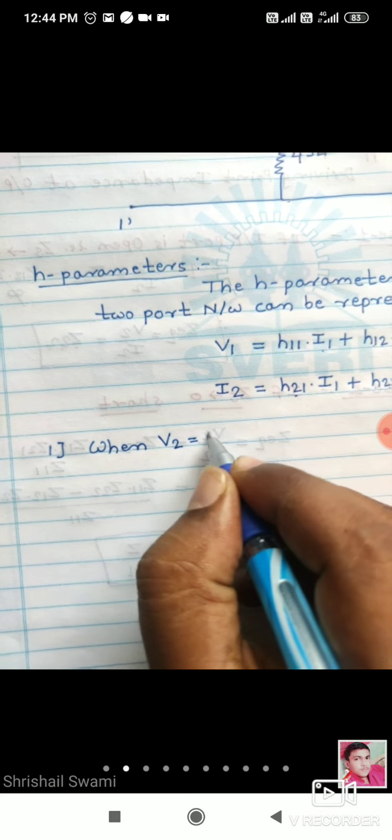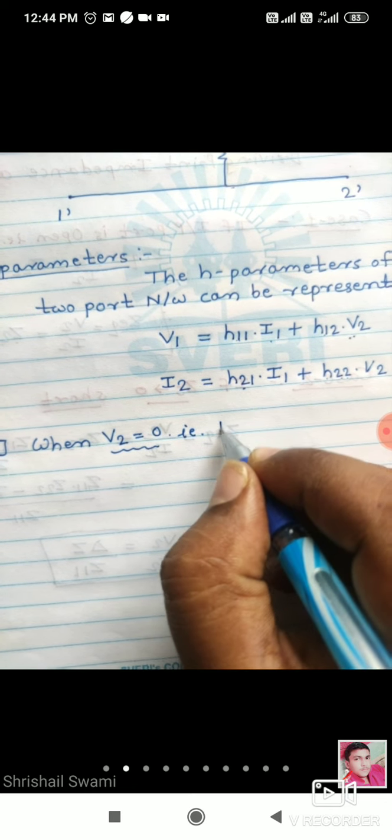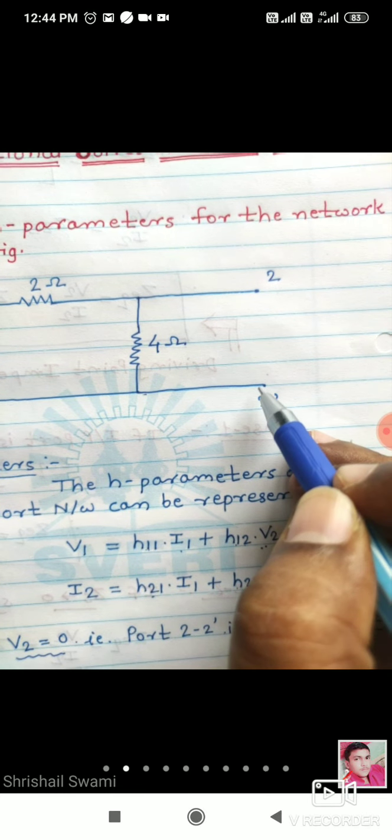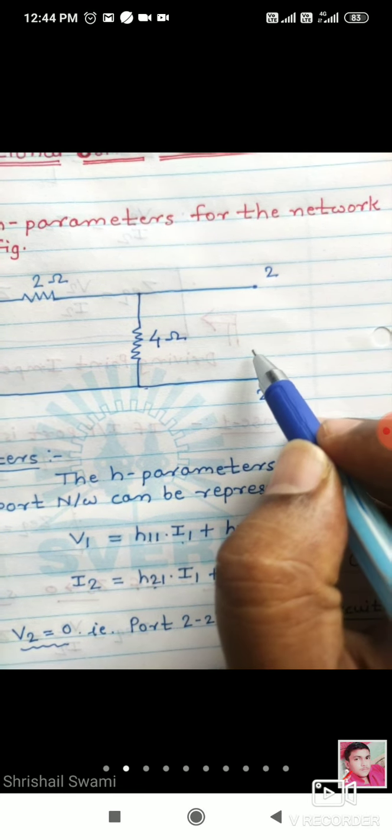So we will start with the first condition, that is V2 equal to 0, that is port 2 dash is short circuited. What do we have to do with port 2 dash? Short circuit it. So when we short the 2 dash, what will happen?